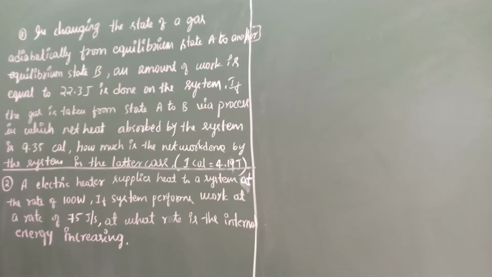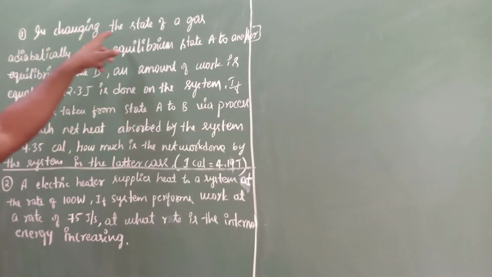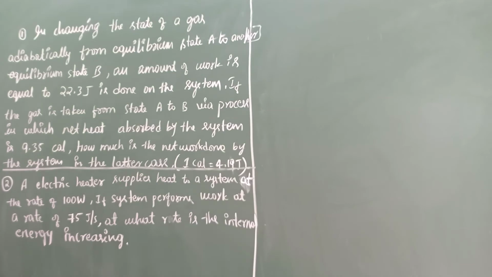Now the question is: in changing the state of a gas adiabatically from an equilibrium state A to another equilibrium state B. You should know what an adiabatic process is, because in an adiabatic process there is no exchange of heat between the system and the surrounding, which you already know.